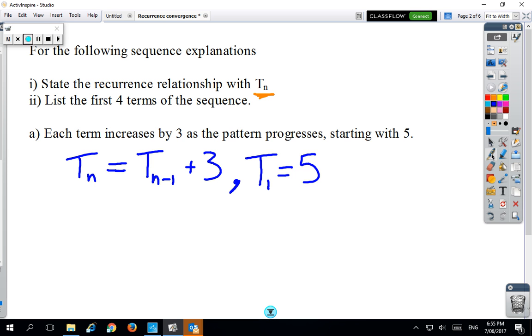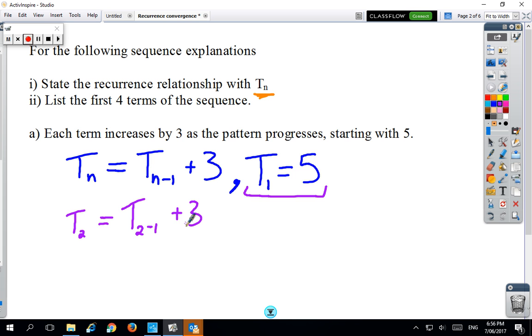So how does this work? Well, if I wanted to use this recurrence relationship to find some terms, I already know what the first term is. So I'm going to put T2 in. Wherever I see an n, I'll replace it with a 2 because I'm after the second term. So T2 equals T2 minus 1 plus 3.